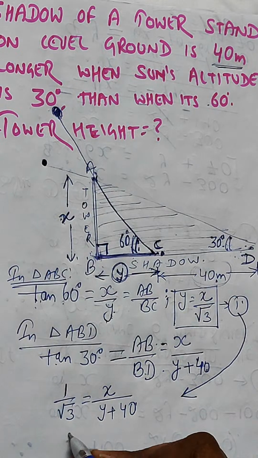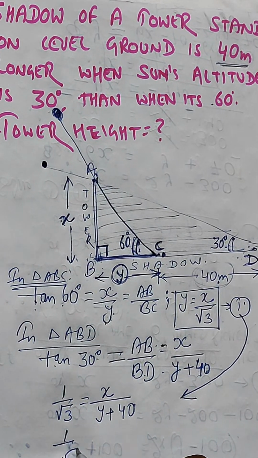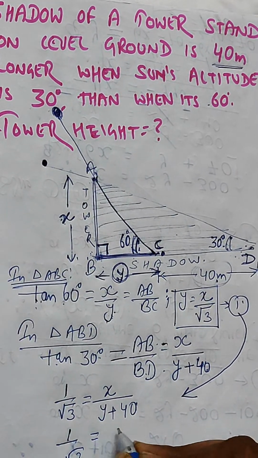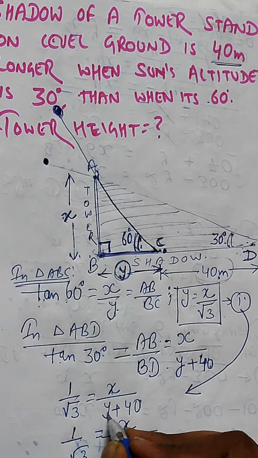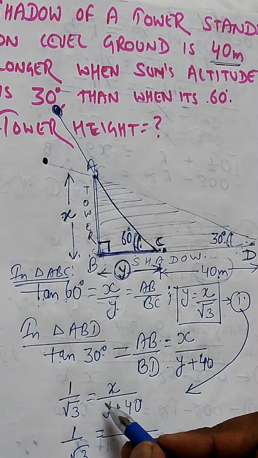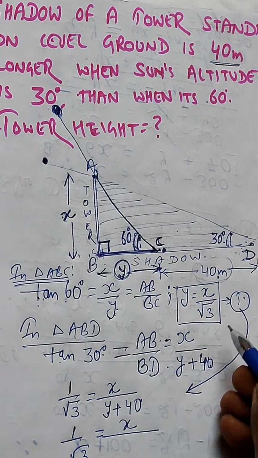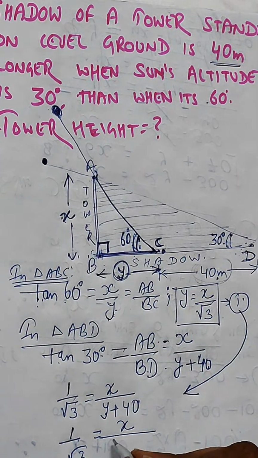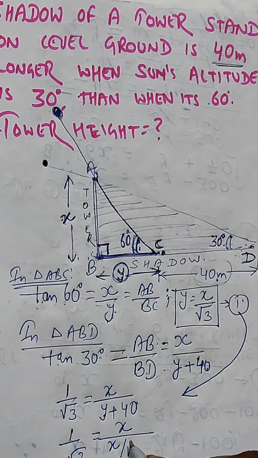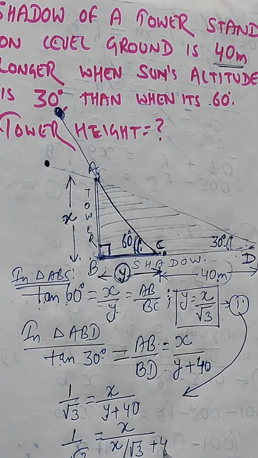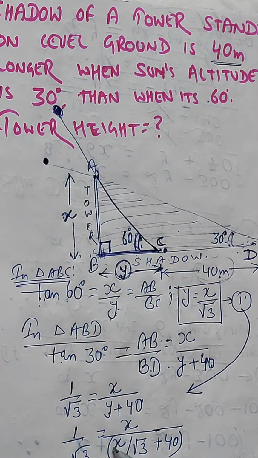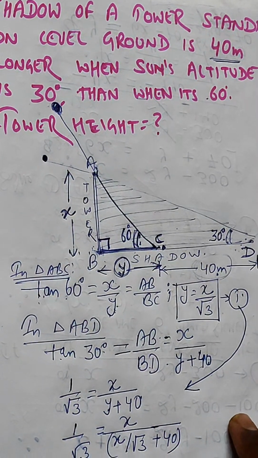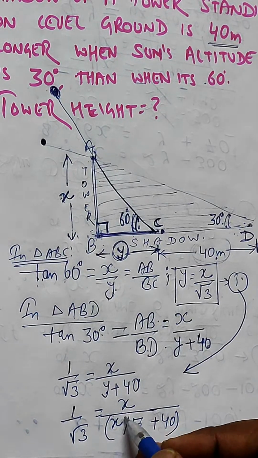Then what we will get? 1 by root 3 is equal to x by, replacing y with x by root 3, so this will be x by root 3 plus 40. So here just solve it to get the value of x. This will give you the tower length.